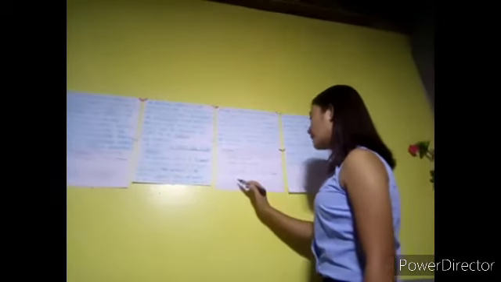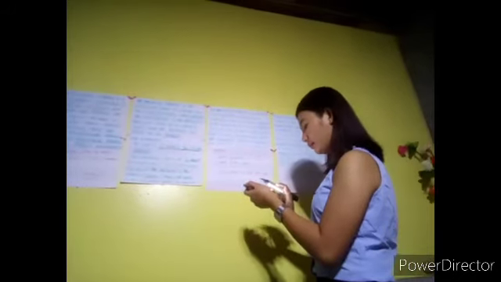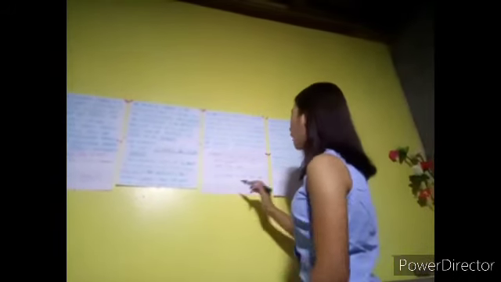Class, the absolute phrase in the sentence is what? The sun having risen, because it modifies a noun in the sentence. Again, the sun having risen, it is a noun that is modified in the sentence.